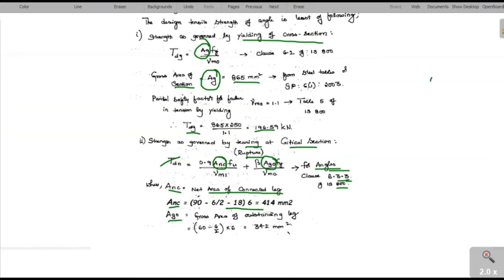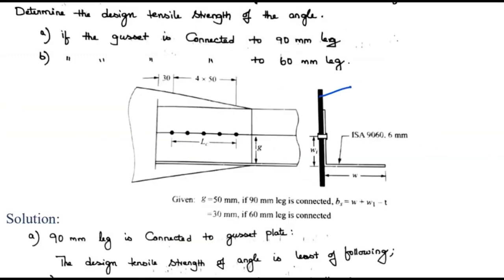See, we have a gusset plate here as shown in this figure, and we have an angle section here, right? So now what is Anc and Ago? This is the net area of the connected leg.